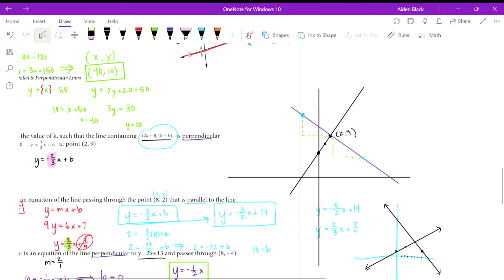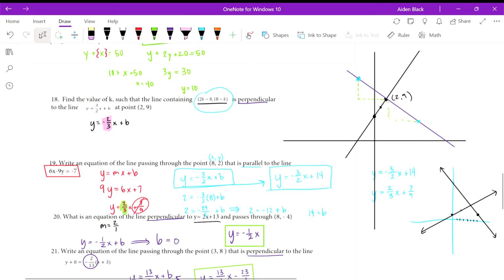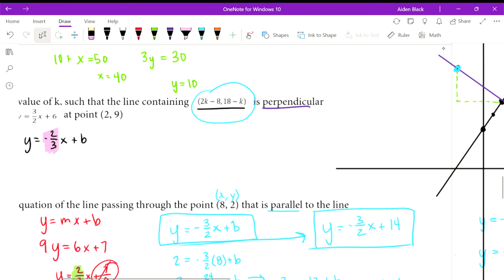So we know the slope is the change in y over the change in x. So this is what we're going to do. We're going to look at the change in y. So that is 18 - k - 9. That would be the change in our y.